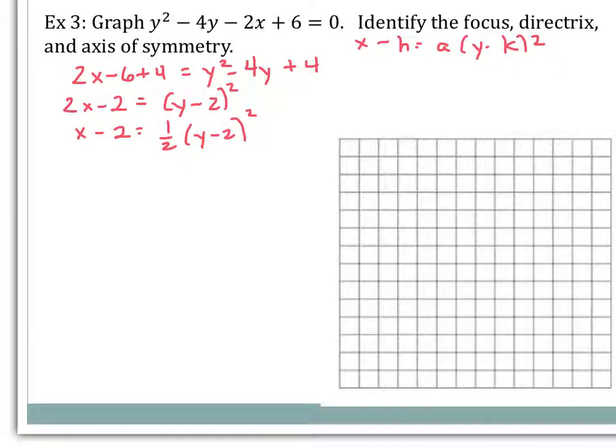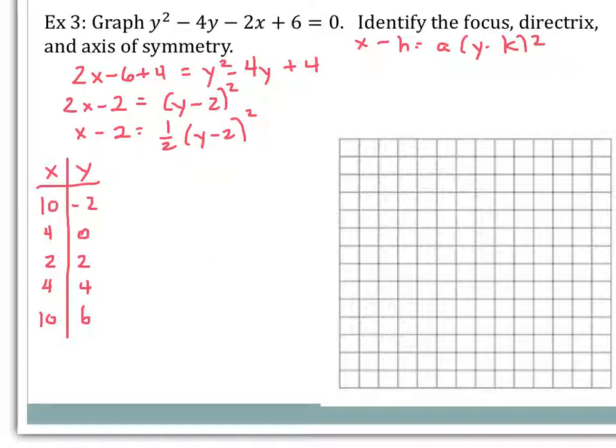Okay, so we're going to do the t-chart. This is how you handle problems with not having a vertex at the origin. So I'm going to pick points that will give me a nice multiple of 2 inside my parentheses, and we're going to fill in that t-chart. What you're going to notice is that I plugged in values for y, whichever variable is squared is what you want to plug in.